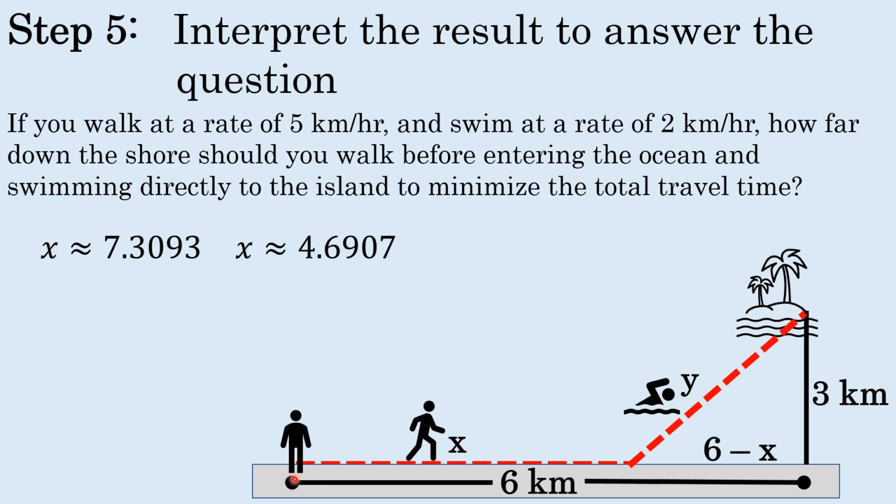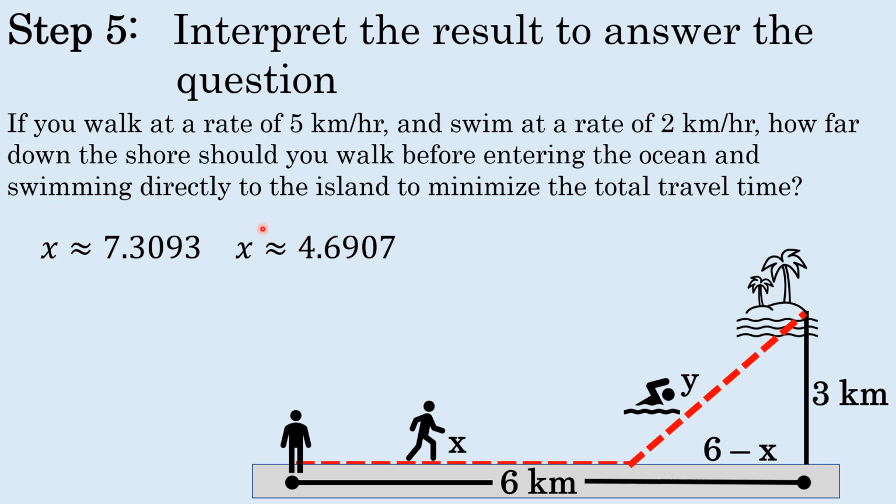The person in this situation was standing 6 kilometers down the shore from the point where the island was at the closest point the island was to the shore. So an answer of 7 does not make sense here. We're certainly not going to walk down the shore 6 kilometers and then 1.3 kilometers more and swim back towards the island. That would certainly not minimize total travel time.